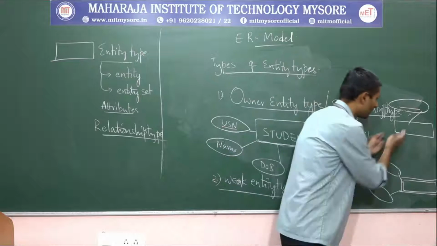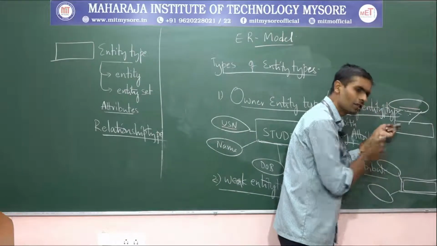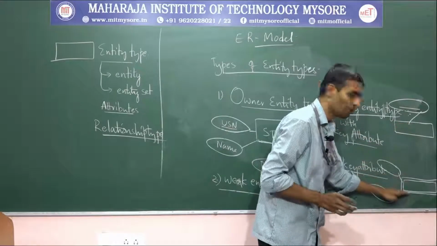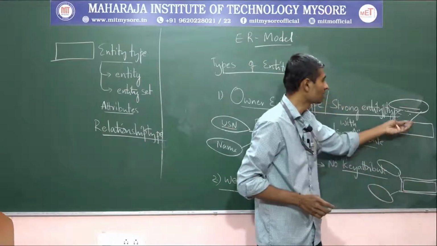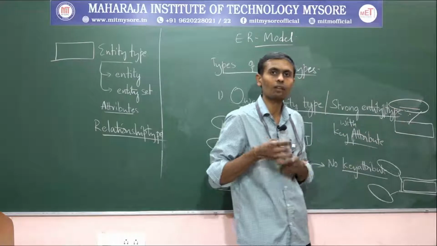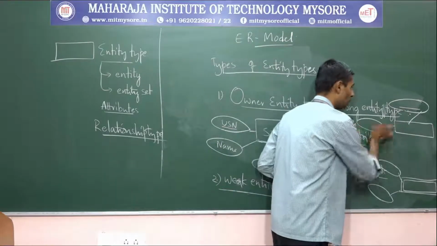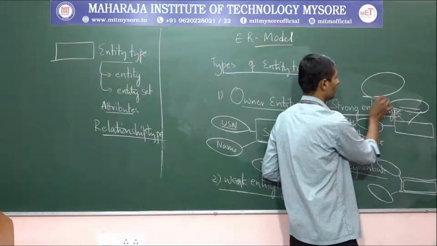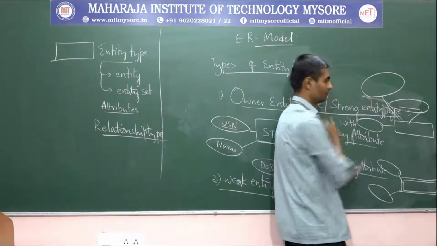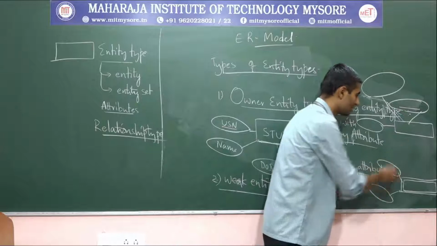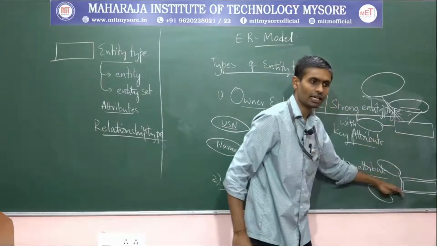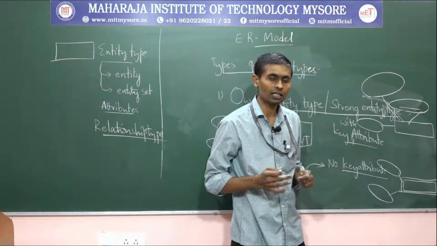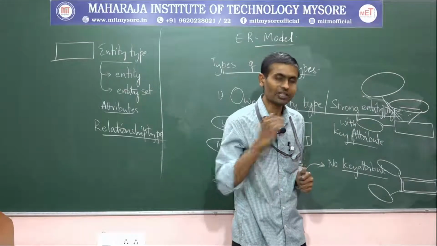Definitely, for this identification there must be a relationship between this strong entity type and this weak entity type. Don't think that we can only have one attribute. No, you can have as many attributes as you want, you can draw them. Both the strong and the weak entity type should be connected with one another with the help of relationship types.